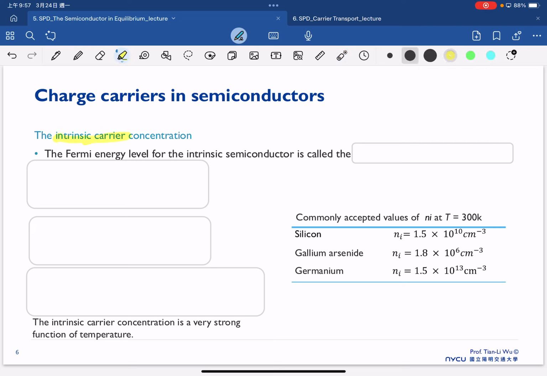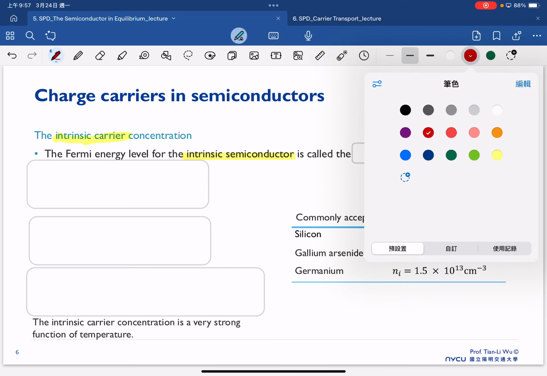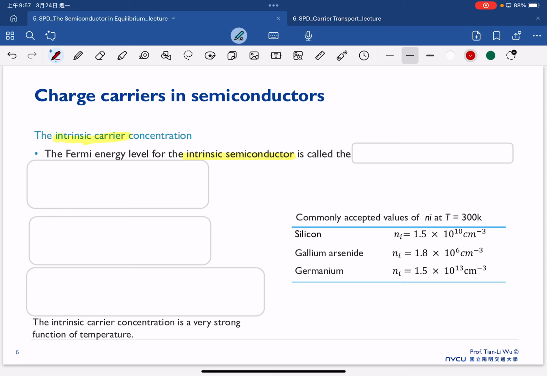In the intrinsic case, this is a material that has exactly equal concentrations of electrons and holes, so N is equal to P. This is a material that has the same electron and hole concentration, and in this case we call it an intrinsic semiconductor.